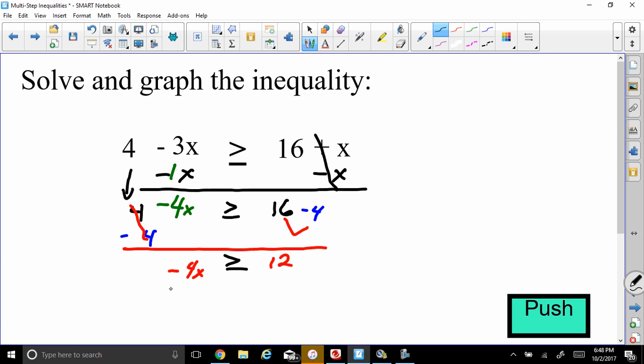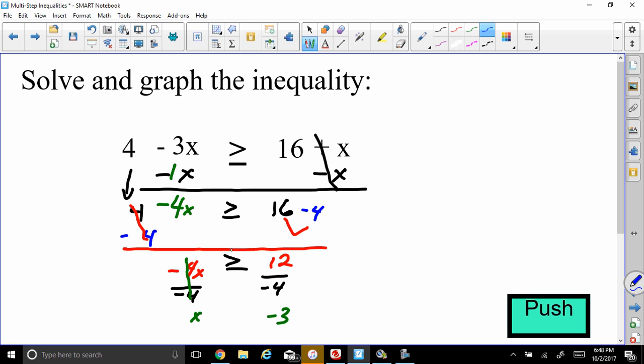Now notice we're dividing by -4. And when we divide by -4, if you remember what I said a little earlier in step 4 of the steps, you have to change the comparison symbol in its reverse order.